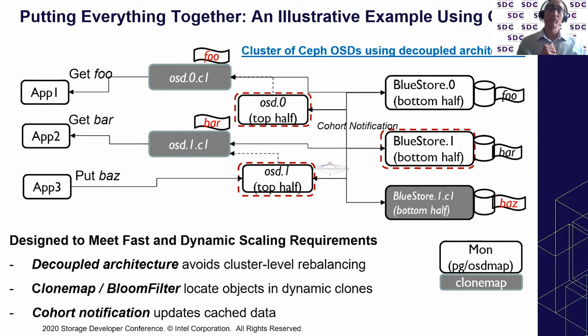And finally, we spoke about how the cohort notification that we introduced for our remote transaction support in the decoupled architecture lets us keep the data updated even if it is cached on one of these clones. So yeah, that's how we put all these together.